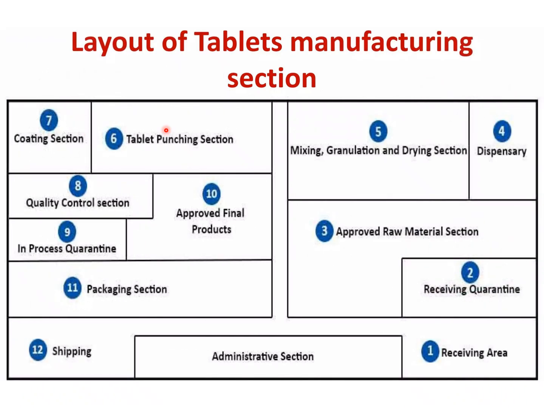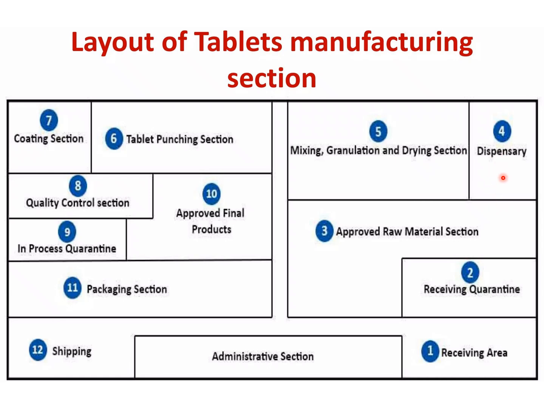So here is the overall layout summary for tablet manufacturing. First of all, API and excipients are received, and then these are kept in quarantine area. After the quarantine area, the raw material section approves the API, excipient or any other intermediates.